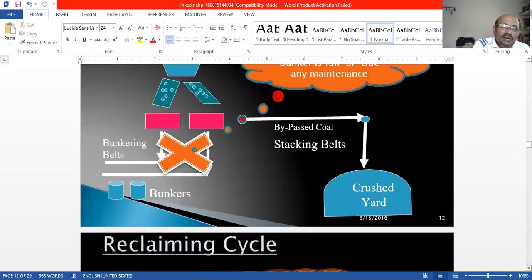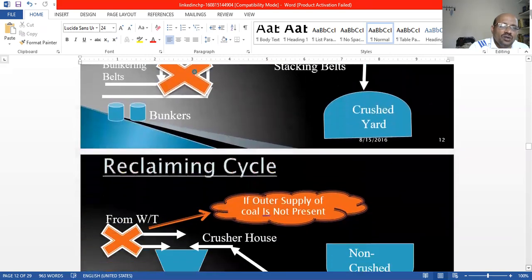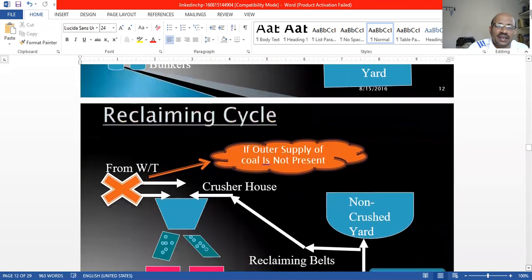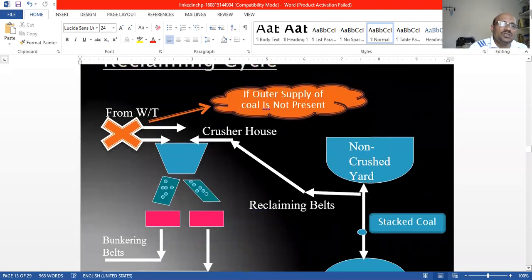And the reclaiming cycle. Another one is the reclaiming cycle. What is the reclaiming cycle? We can see it with the crusher house. Again, the coal goes to the bunkering belts and we keep it in the bunkers.